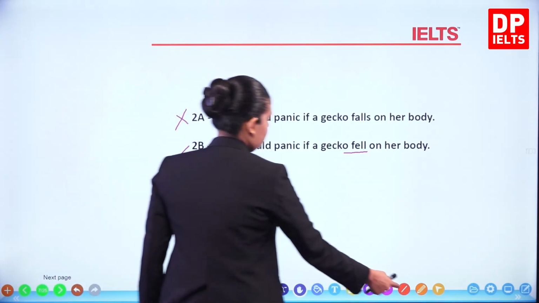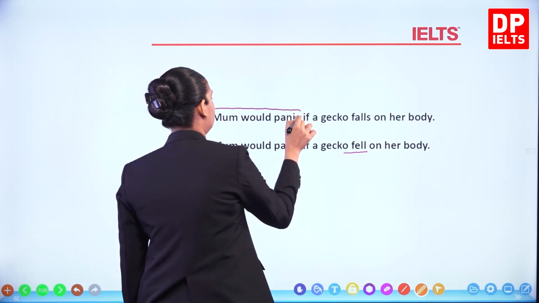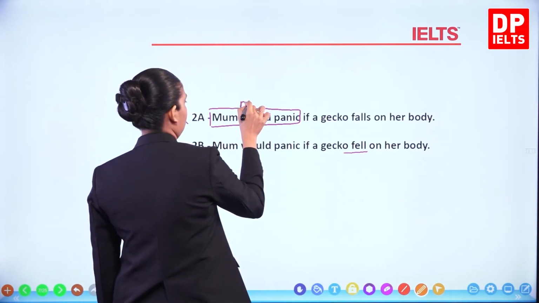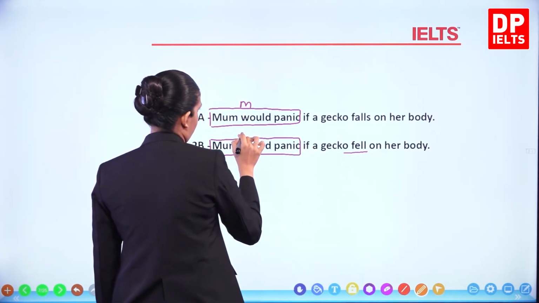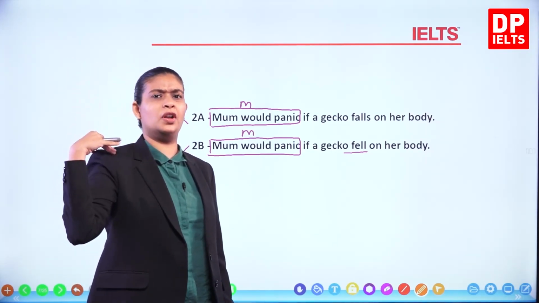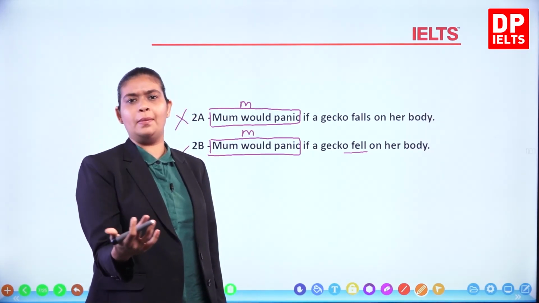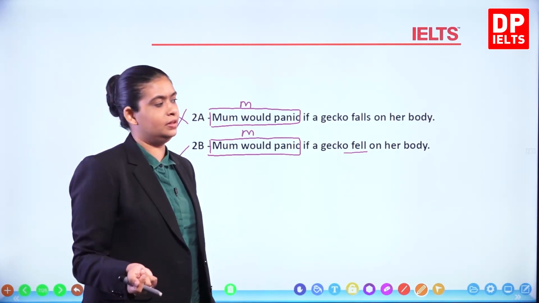Okay, so coming to this, the main clause is this bit. Mummy would panic. That bit is fine. If a gecko falls on a body, I mean a gecko falling on your body, does it usually happen? Is it likely? It's unlikely to happen, right?